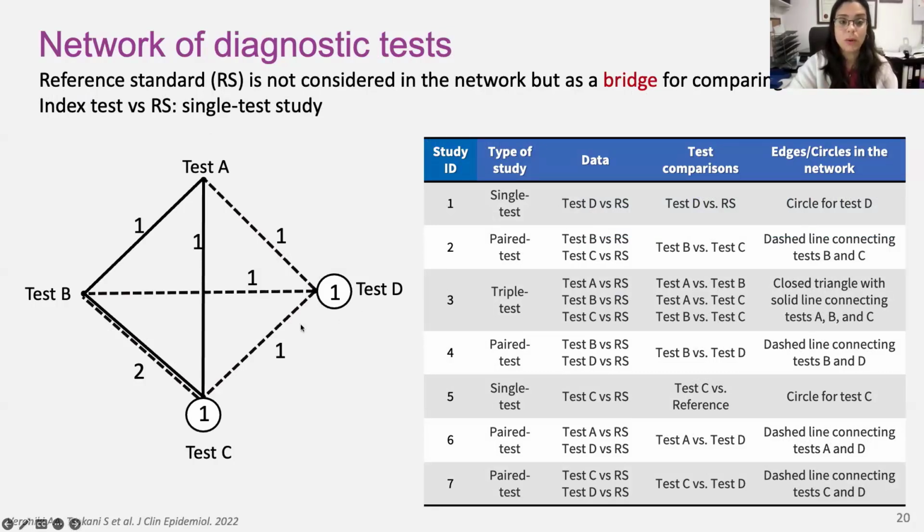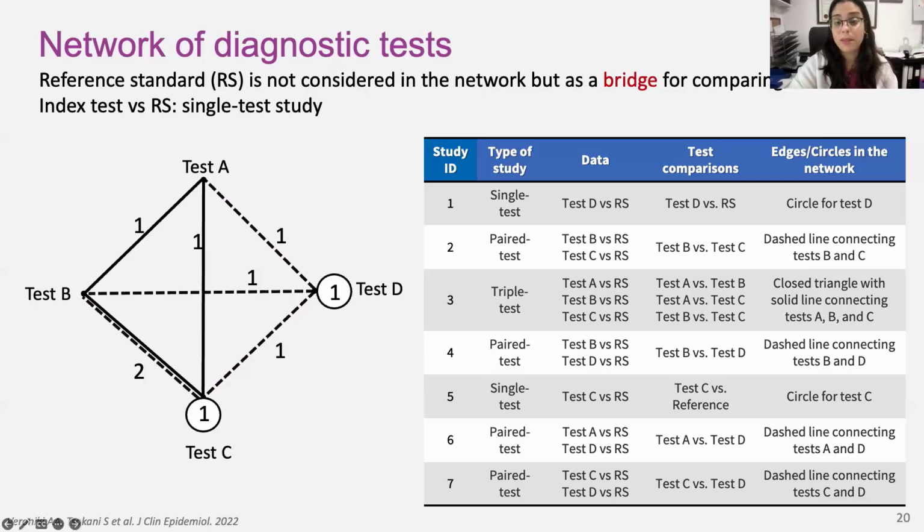And if we now depict this study in the network, it is represented by a circle on test D. Now, the second study is a paired test study and evaluates tests B and C according to the reference standard. So this study in the network is represented by a dashed line connecting tests B and C.